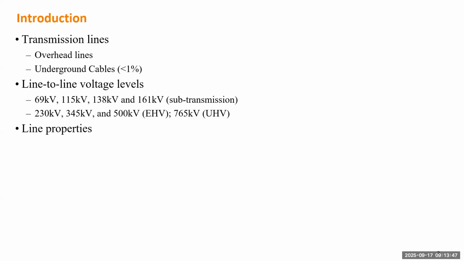So there are a number of properties we need to model for each transmission line. The first one definitely is series resistance, because unless you use a superconductor, at ambient temperature you cannot get rid of the resistance. Realistically, you always need to consider resistance.